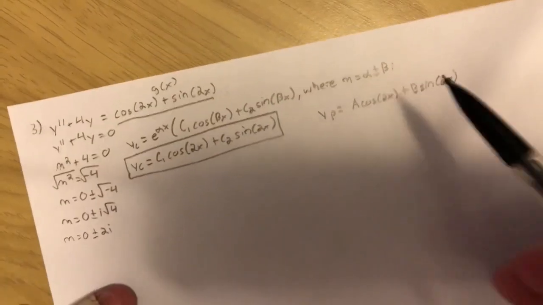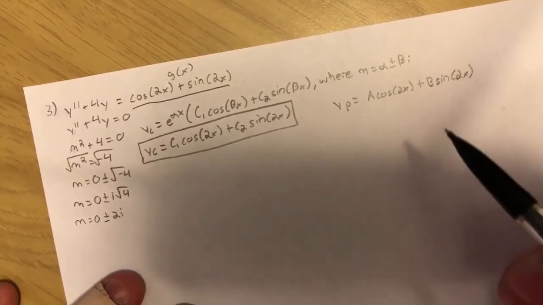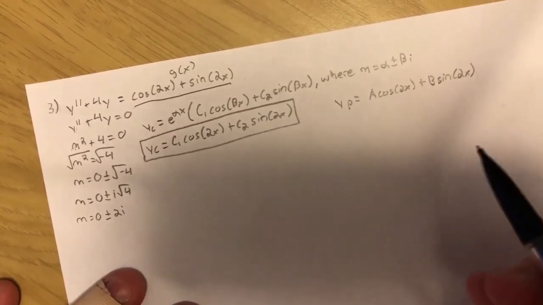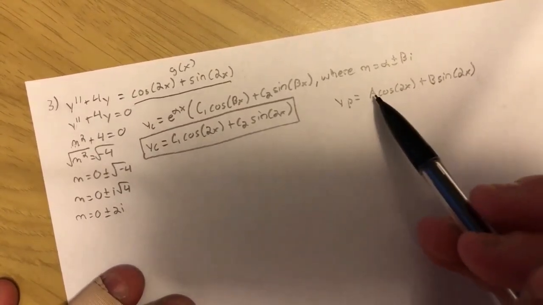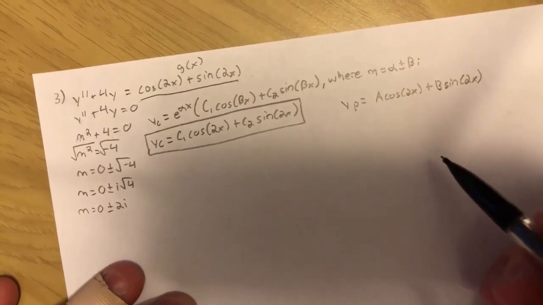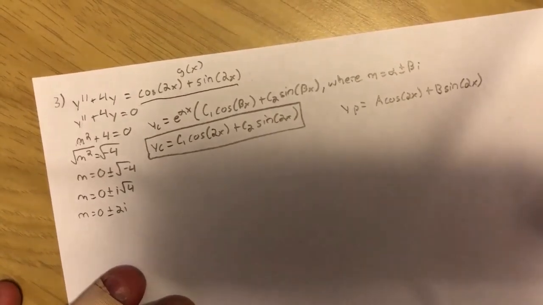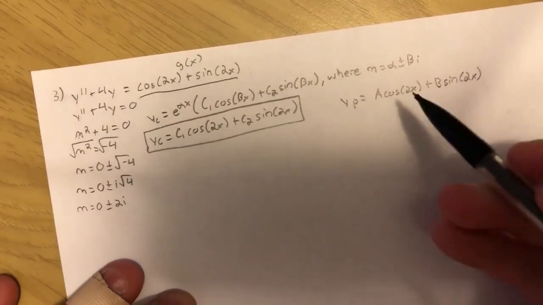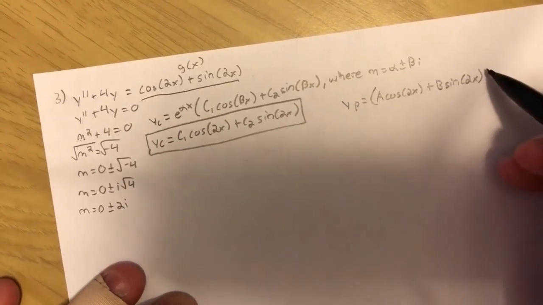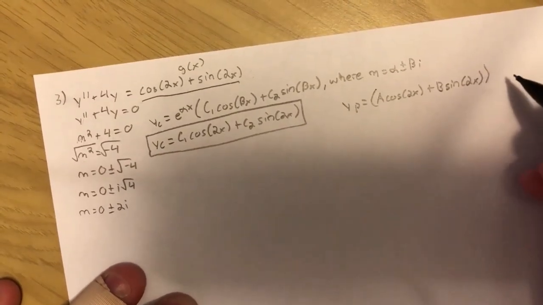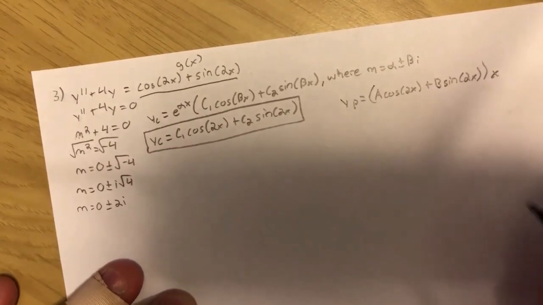They're the same thing because the constants are arbitrary. So in order to fix this, we need to multiply y sub p by a factor of x to whatever degree is needed. So we see that all we need to do is multiply y sub p by x to the first degree.